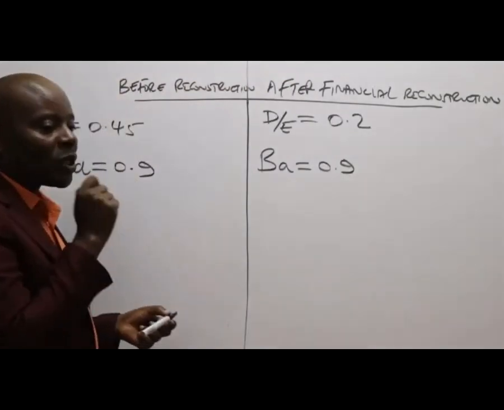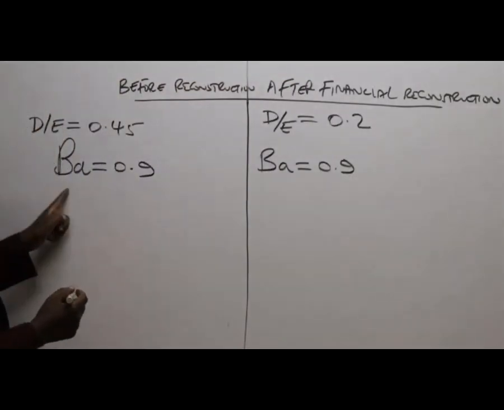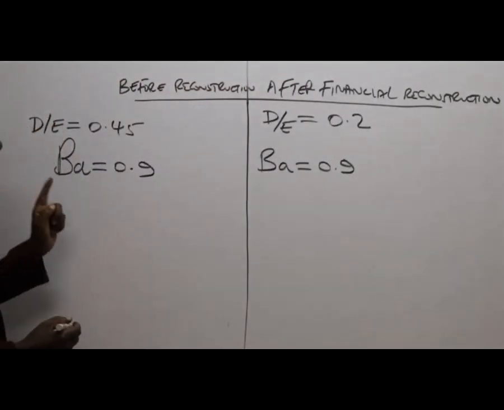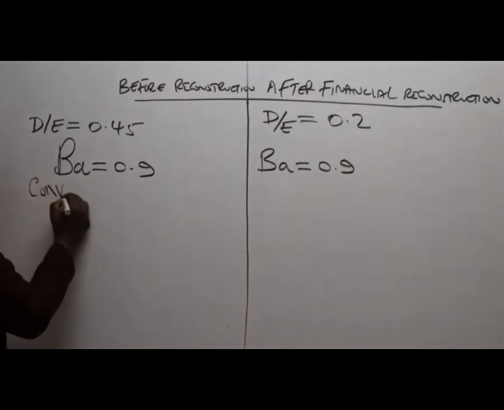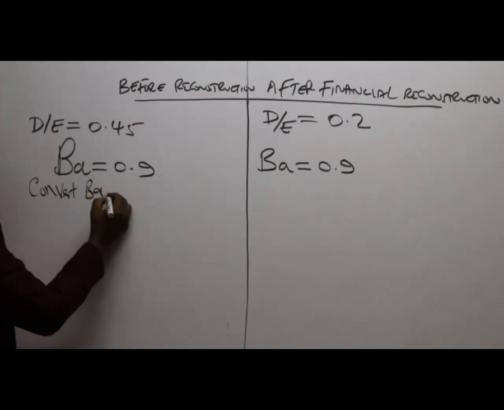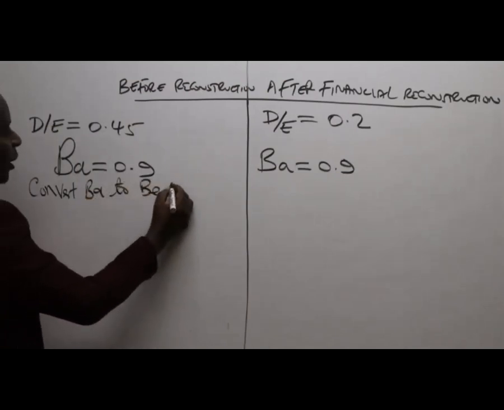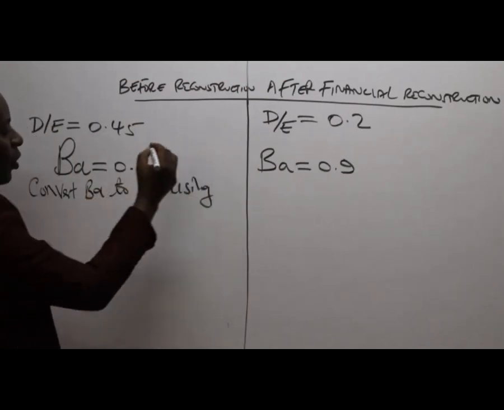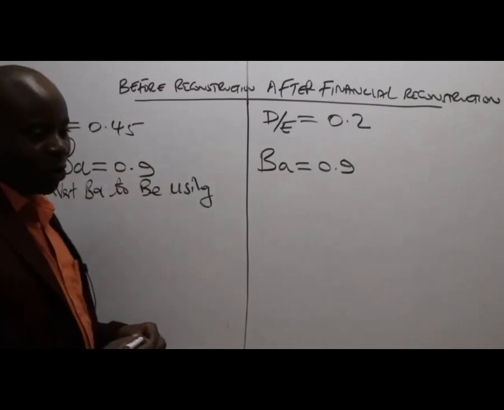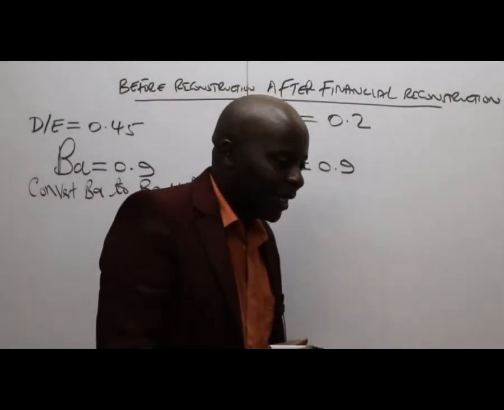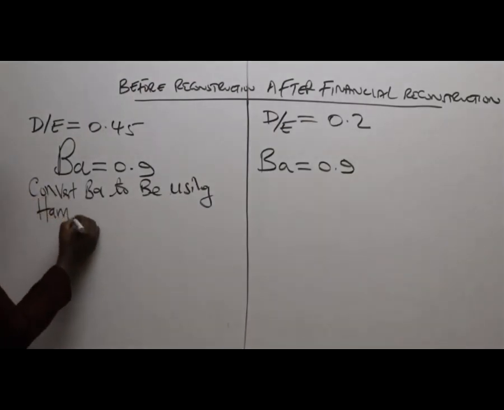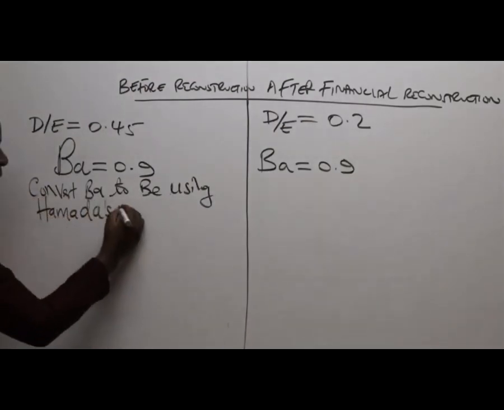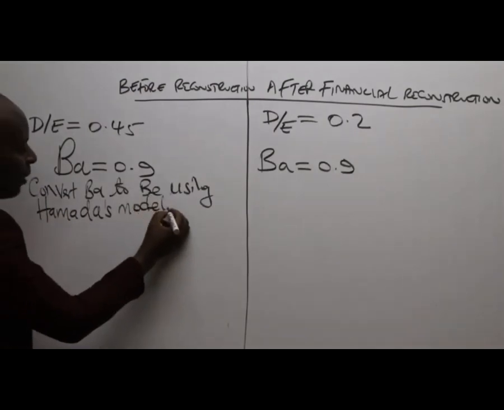So we convert the beta assets to beta equity using which model? Which model do you normally use to convert? Hamada's model. Using Hamada's model.